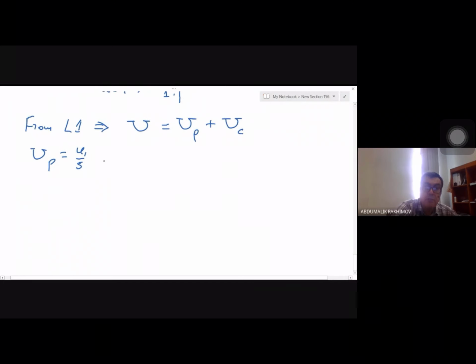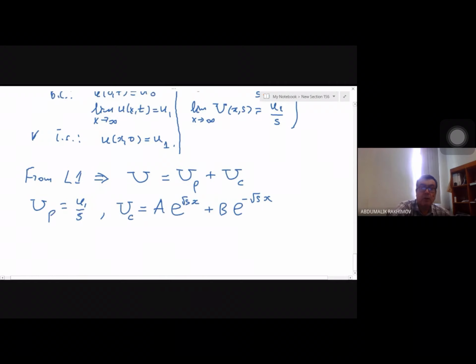So up is this. What about uc? uc is equal to a times exponential root of s x plus b times exponential minus root of s x. This is uc, the complementary solution of equation 1.8 in lecture number 1.